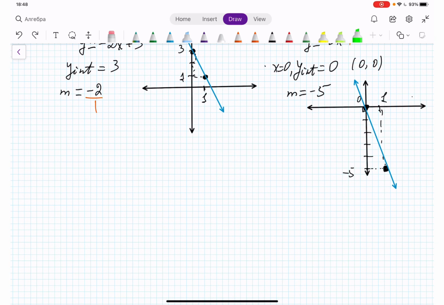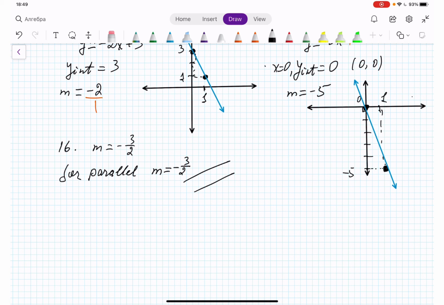Question number 16. A line has a slope of negative 3 over 2. Slope is equal to negative 3 over 2. So find the slope for the parallel line. So for a parallel line, when lines are parallel, that means they go at the same angle, meaning the same slope.